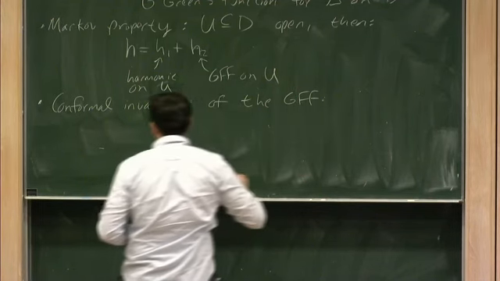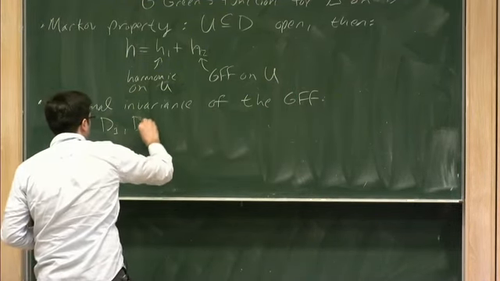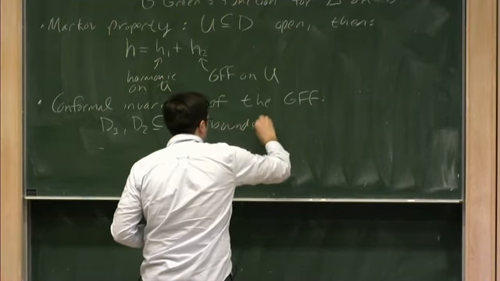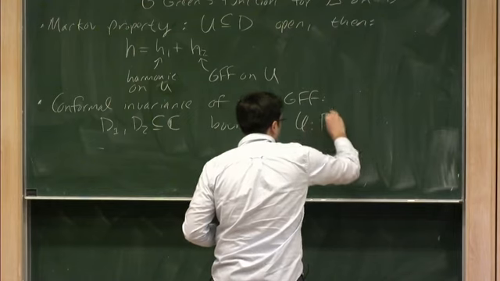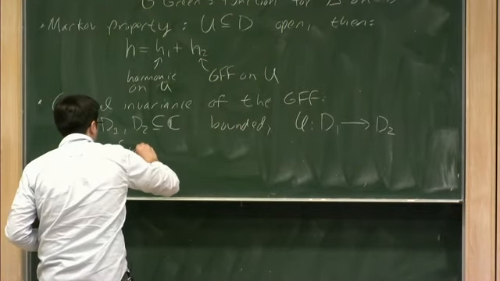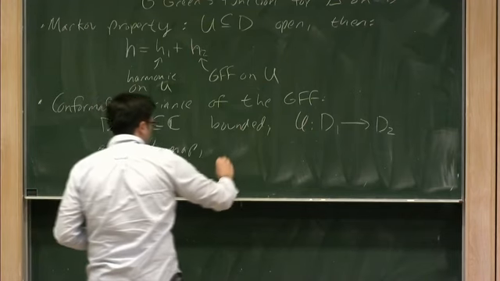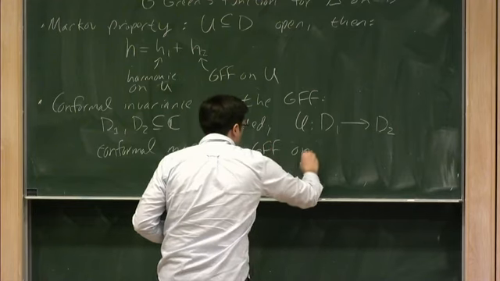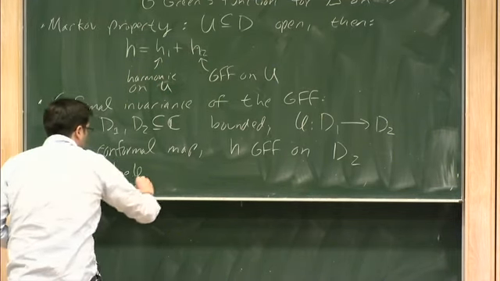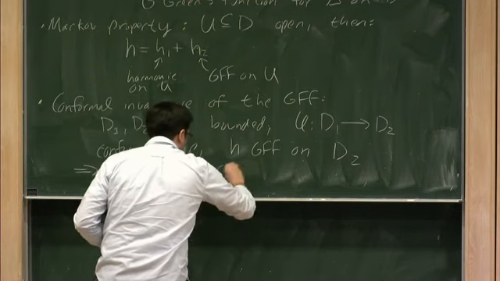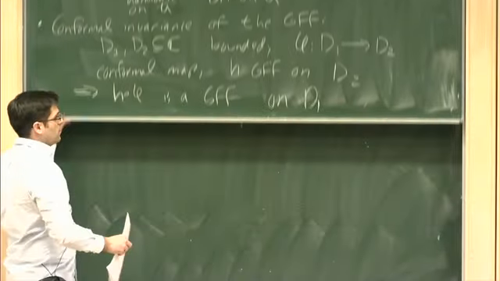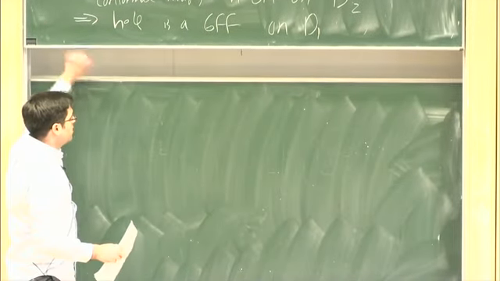Remember, what this said is that if D1 and D2 are domains in the complex plane, for simplicity we'll assume that they're bounded, and phi is a conformal transformation which goes from D1 to D2, and h is a Gaussian free field on D2, then if you precompose h with phi, you get a Gaussian free field on D1. Okay, so that's what we did in the last few times.